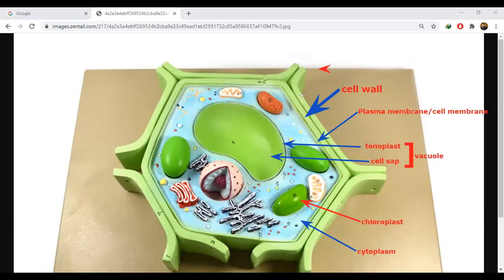This one, this, both are same. One is shown inside, one is shown outside, cut and shown. It is mitochondria. In your picture, do you notice mitochondria?